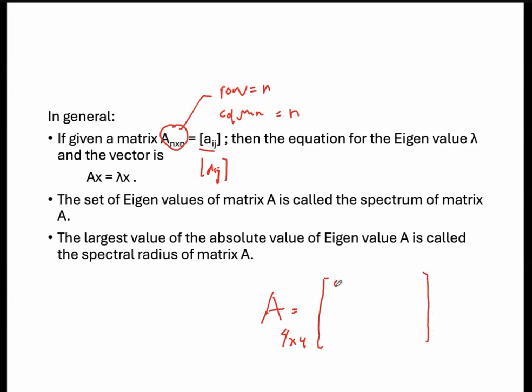so in the left corner, we can write A with index 1 and 1. And we can continue with A with index 1 and 2.